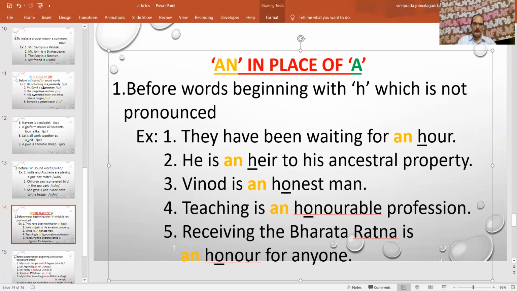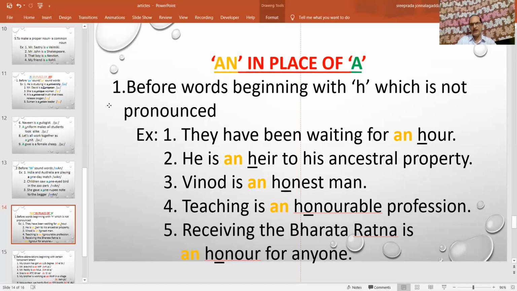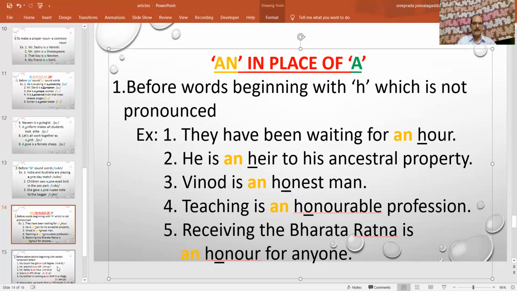So that's why we have to omit the letter H and begin the word with a vowel sound. That's why we have to use an. When do we have to use an? When we don't pronounce H in a particular word, and H is followed by a vowel sound. This is what we have to understand.